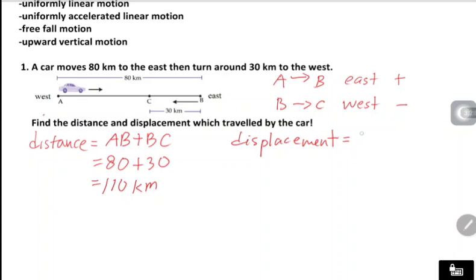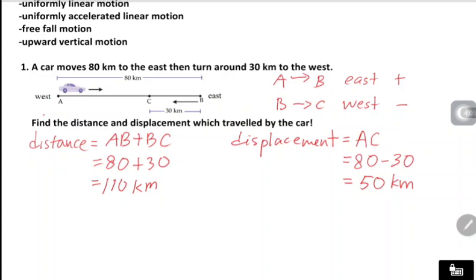Initial point is point A. Final point is point C, so that AC can be found by 80 kilometer minus 30 kilometer, and we get 50 kilometer. Okay, this is the difference between distance and displacement.